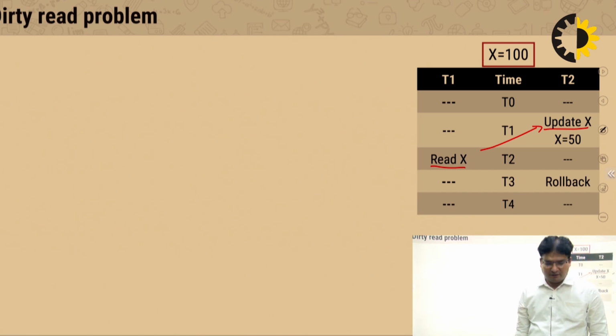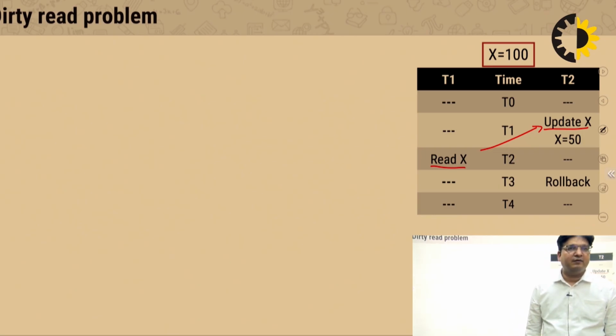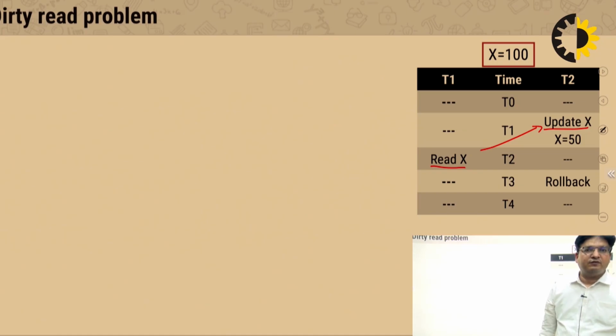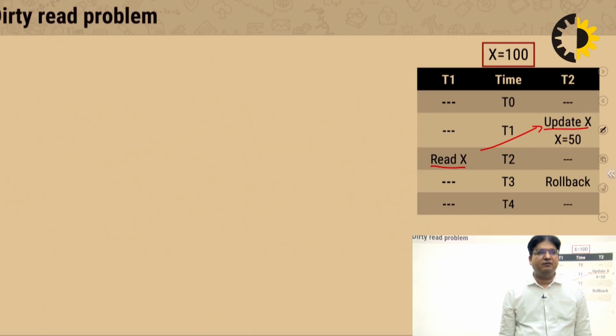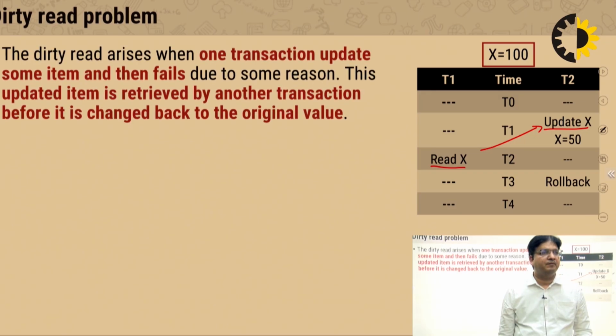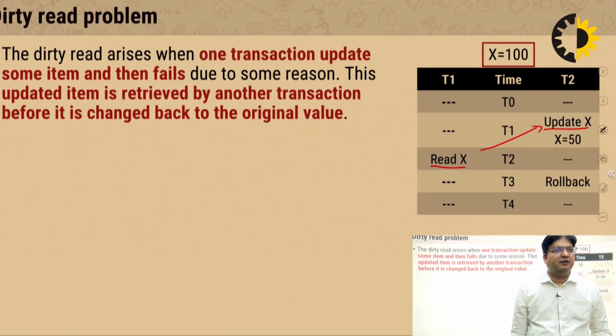So the value that is read by T1 is a false value, that is a dirty value, since T2 fails. The value that T2 wrote should not be read by T1. So the dirty read problem will occur.